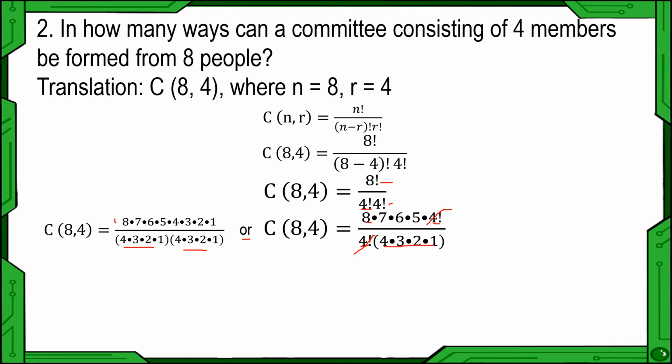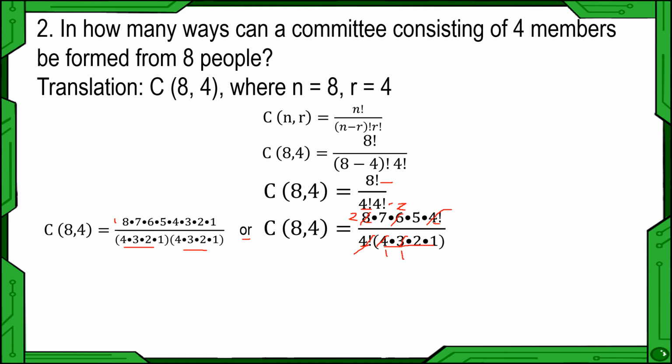Next, you also see here that we can cancel 8 and 4 by dividing by 4. So this is 2 and this is 1. Same with 6 and 3. We can simplify it by dividing by 3. So this is 2 and this 3 will become 1.